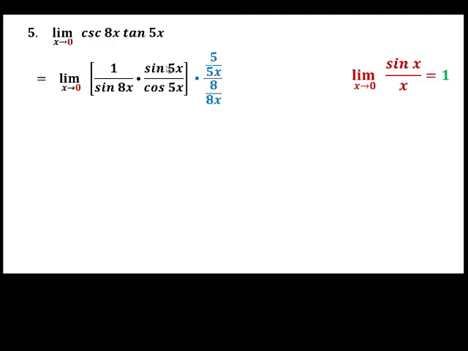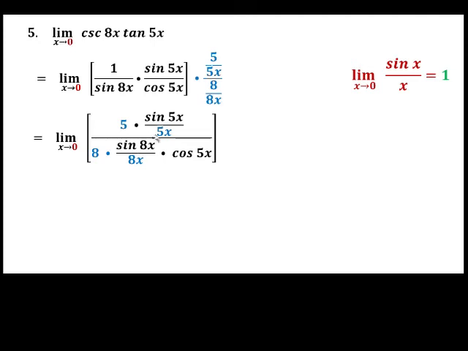So that is 5 over 5x, because we have here 5x in sine. We have sine 5x and sine 8x, so we have 8 over 8x. This whole fraction is equivalent to 1. So distribute both numerator and denominator. So we have sine 5x over 5x and sine 8x over 8x.